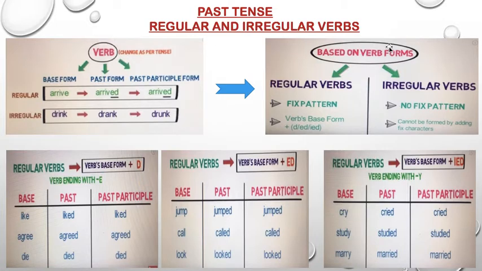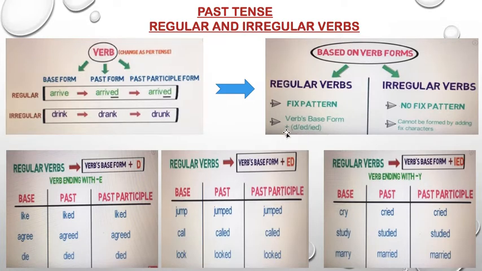Okay, now let us see the difference between regular verbs and irregular verbs. Regular verbs have a fixed pattern, like adding ed to the base form of the verb, isn't it? But irregular verbs, there is no fixed pattern. They differ according to the words. They differ according to the forms. Okay. Verb base form plus d, ed or ied.